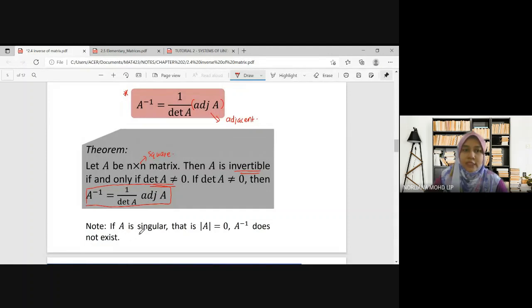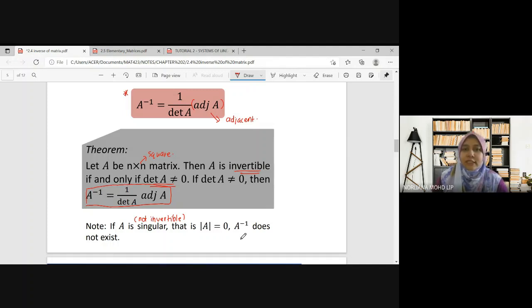Okay, if A is singular or A is not invertible, that is the determinant of A is equal to 0. Okay, therefore A inverse does not exist.